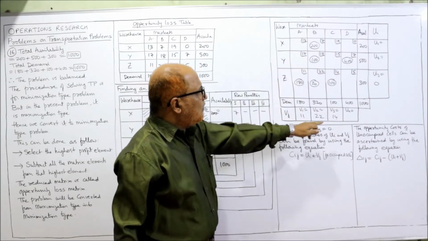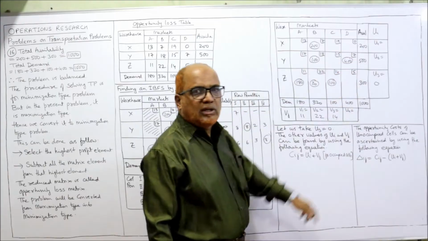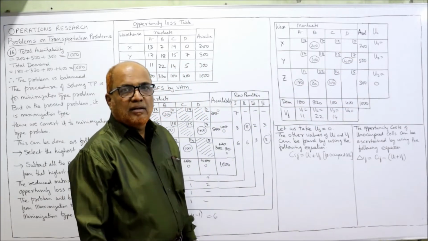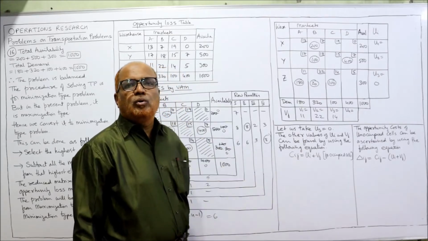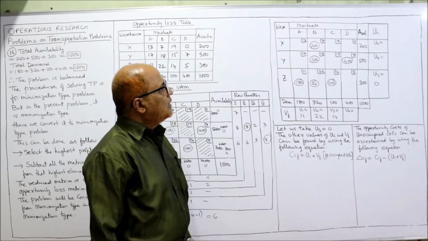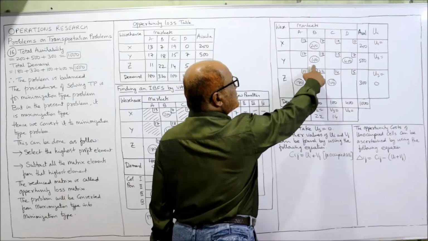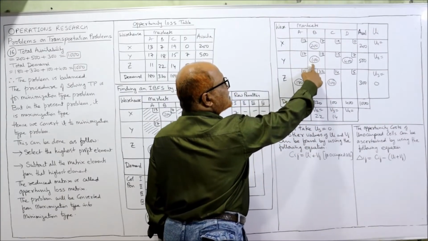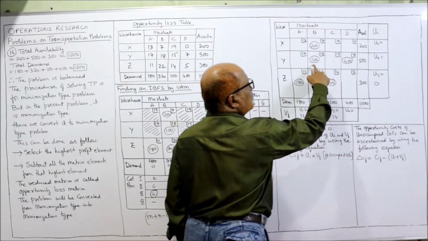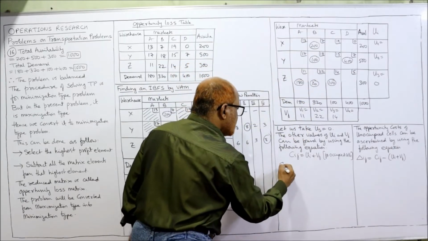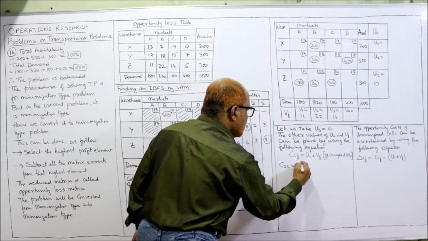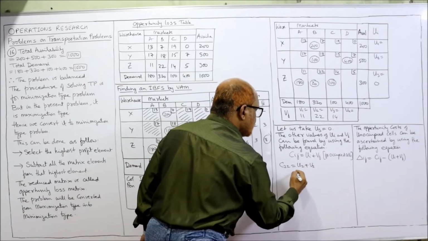The other values of V4, U1 and U2 can be obtained by using the formula Cij is equal to Ui plus Vj. For example, this is an occupied cell. By using this cell, I can get the value of U2. The location is second row, second column. So C22 is equal to U2 plus V2.